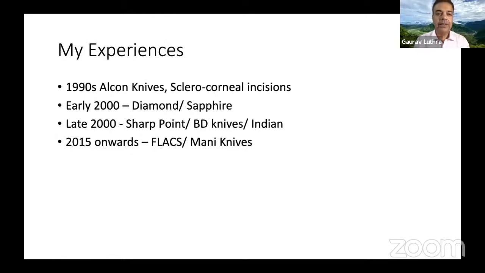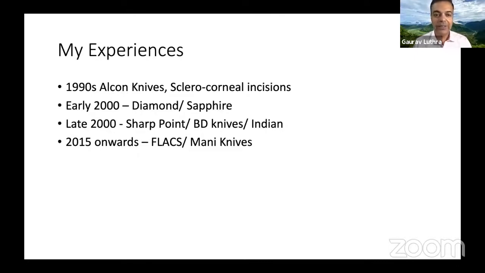So I started using, in the late 90s when I was doing SICS, I really started enjoying the Alcon knives for making my corneal, my scleral tunnels. The Crescent, I remember, used to be of extremely good quality, but at that time we had no choice. Then in the early 2000s, we moved on. We started playing with the diamond and sapphire, looking at some of my top surgeon colleagues who were using these blades.